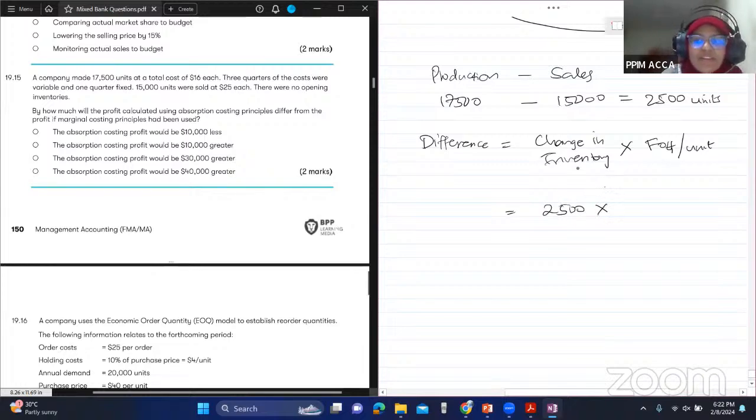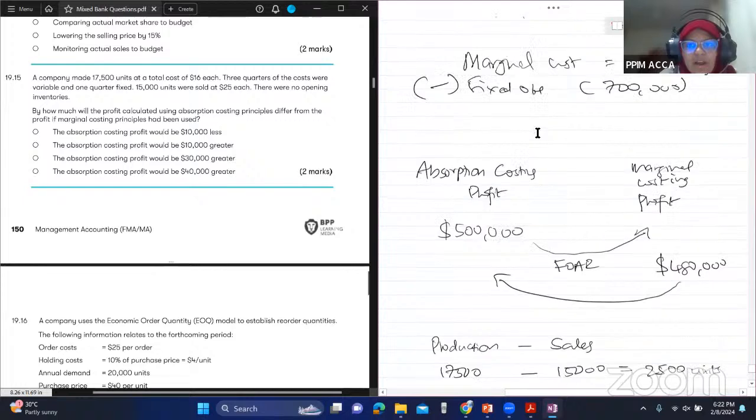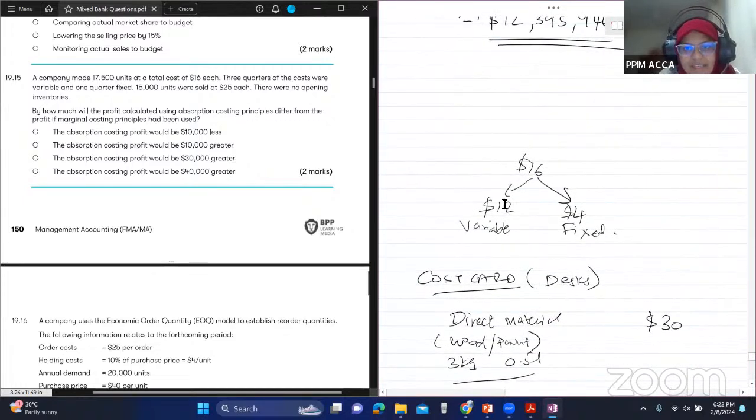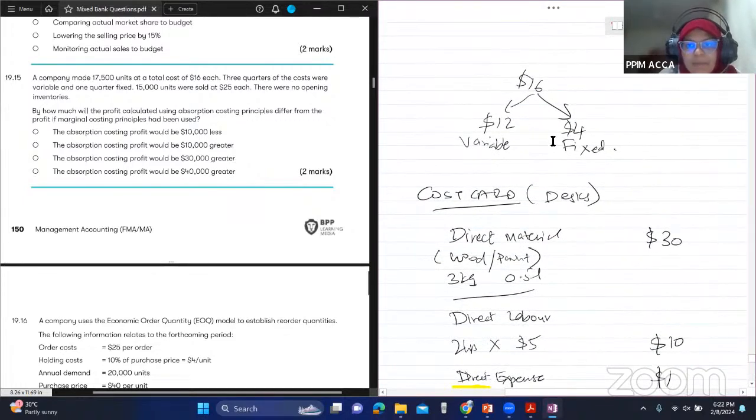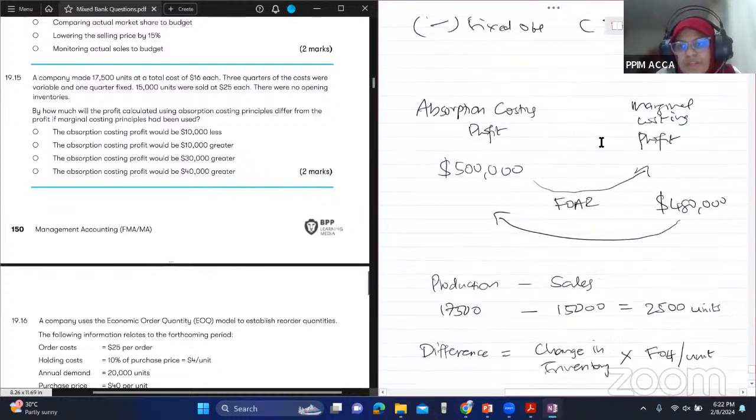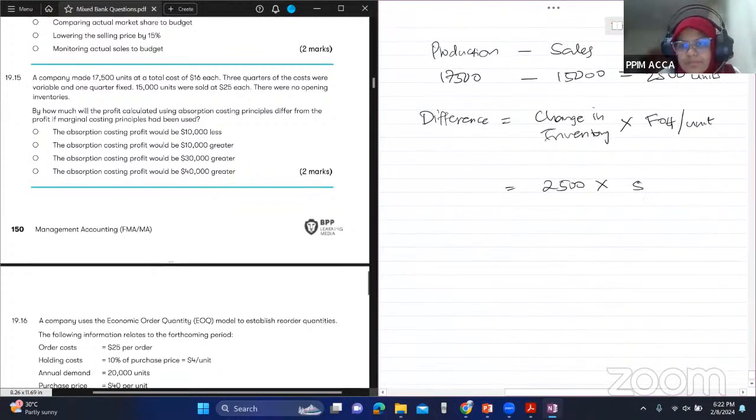The fixed overheads per unit, they're telling me of this cost of 16, 3 quarters are variable and 1 quarter is fixed. So $4 is the fixed overheads that I have to include. So 2,500 into 4, the difference between absorption costing and marginal costing profit will be 10,000.